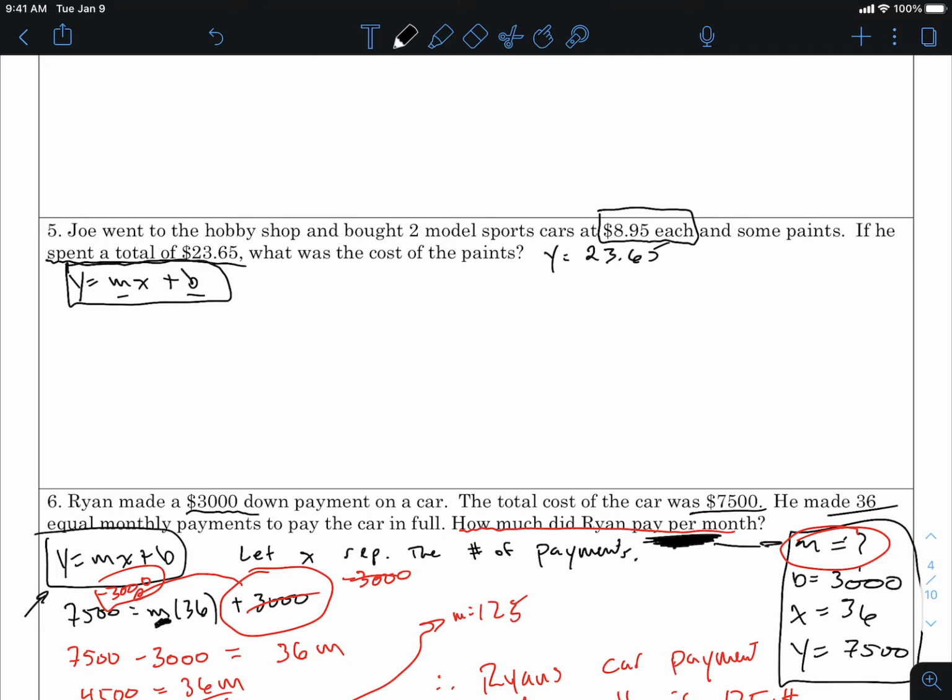The word each kind of could be replaced by the word per, I think. Right? So that's not too far of a stretch. So I'm gonna make the informed guess that that's going to be M. Right? So it's $8.95. So every car that you buy, or that Joe buys, it's gonna go up by $8.95. Well, that sounds like M, right?